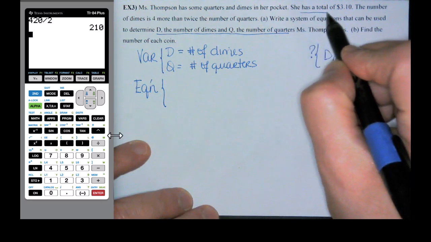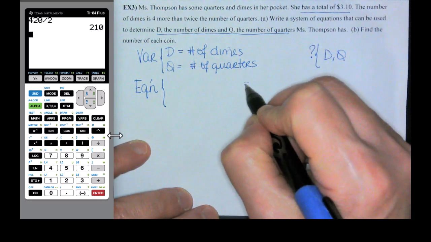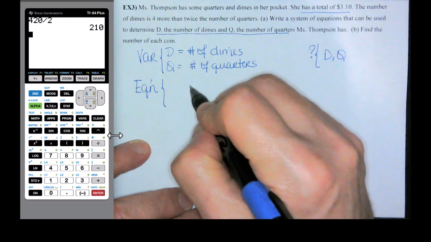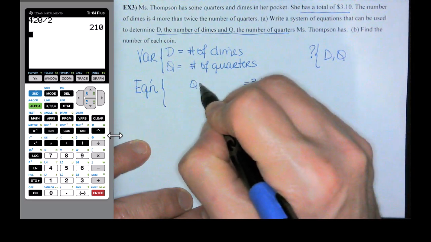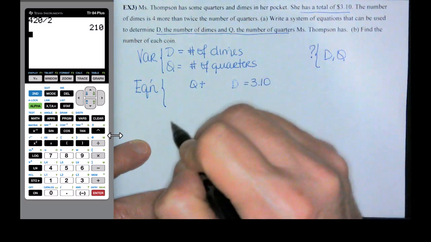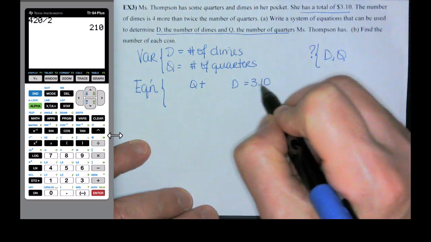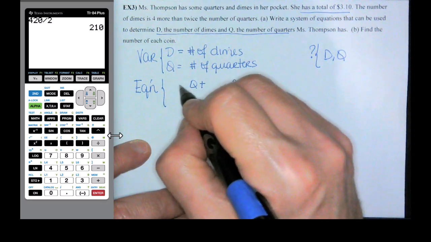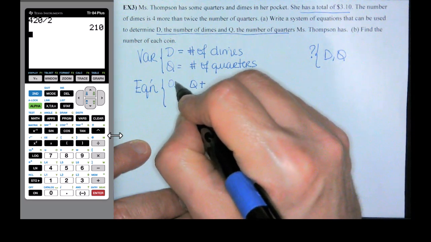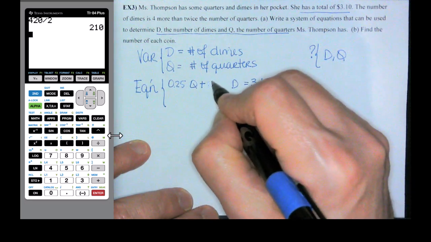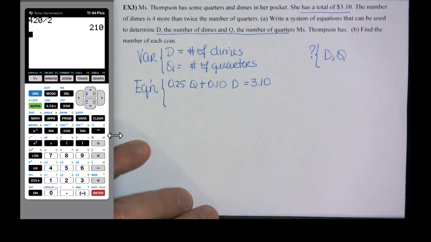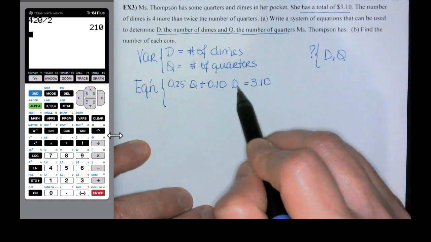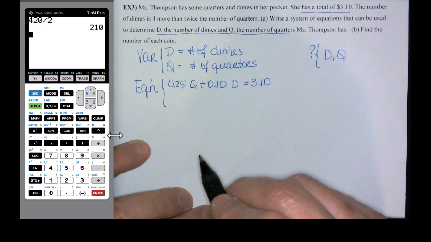So the first equation has to do with total and has to do with money. So we're going to put 310, and the way we get there is because we have quarters and dimes. And remember, if this is the number of dollars, that means we need to put the quantity in front. So this would be 0.25, and this would be 0.10. So 25 cents per quarter plus 10 cents per dime equals $3.10.